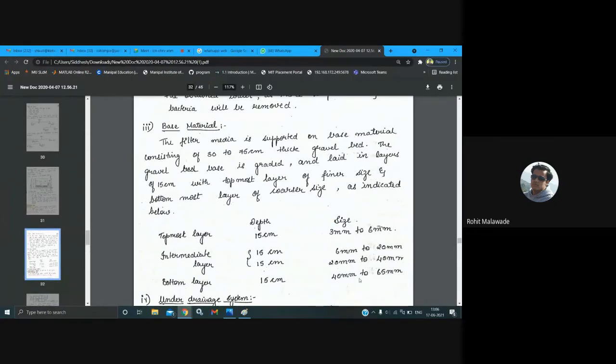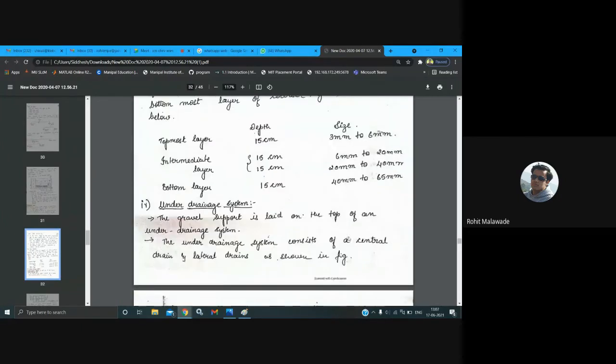So coarsest at the bottom, and each layer, fine, medium and coarse, will be kept at a depth of 15 centimeter, right?